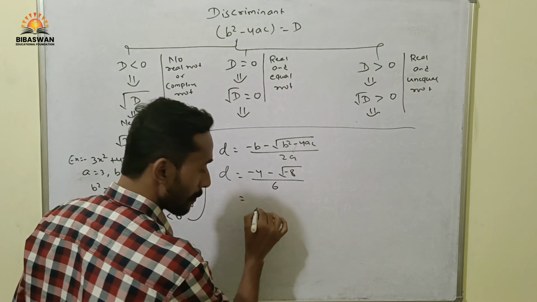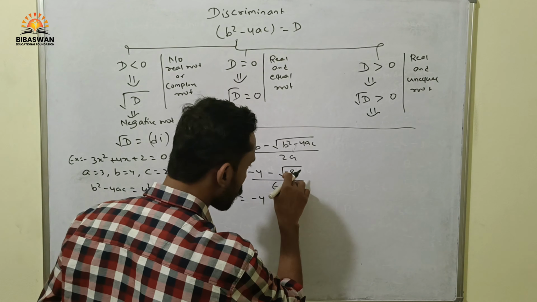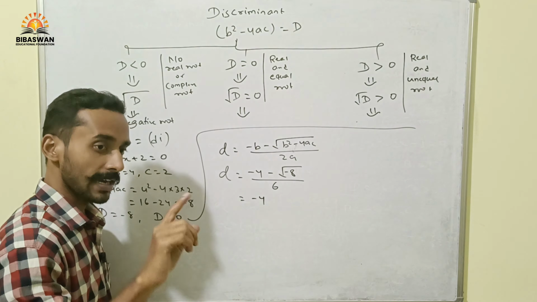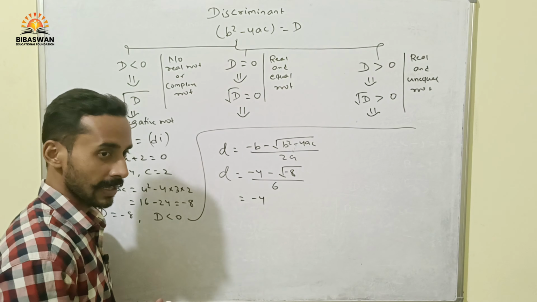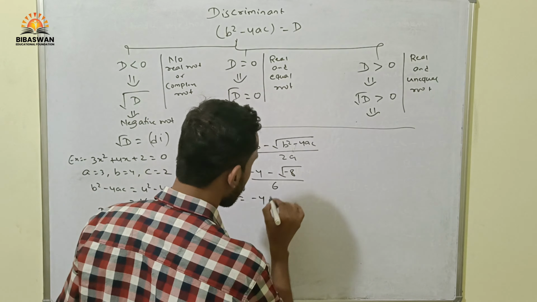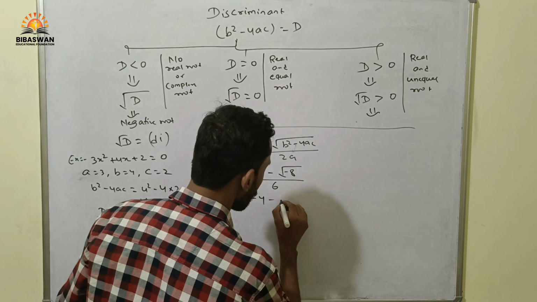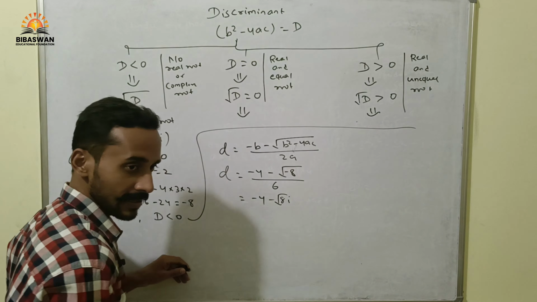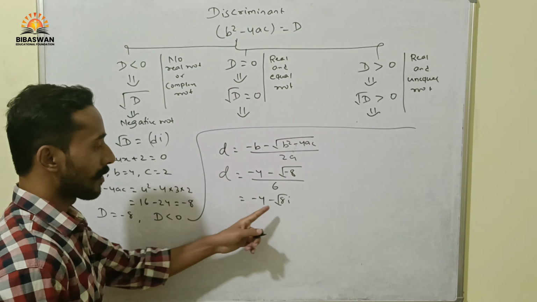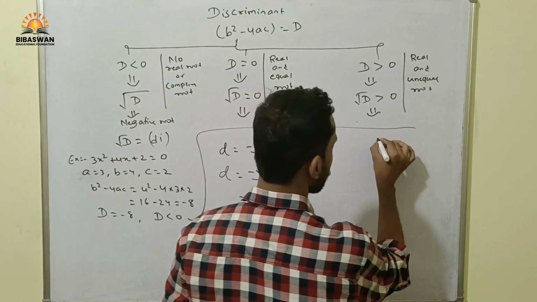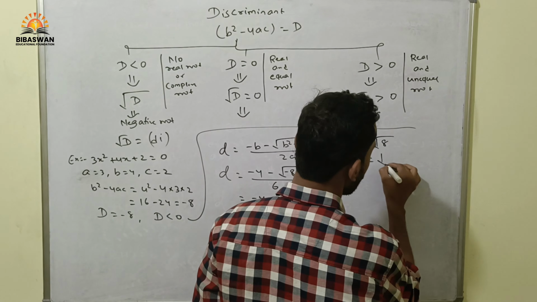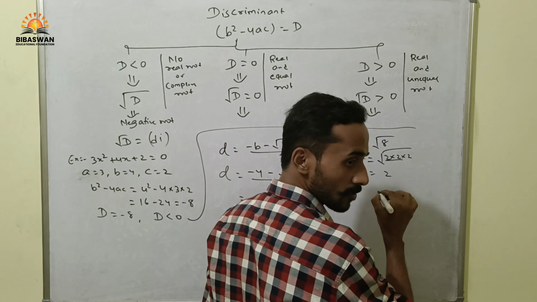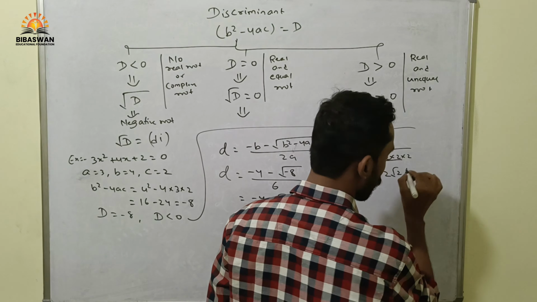Any problem? Minus 4. But is it possible? Is root over minus 8 possible in real numbers? No. It is possible in complex numbers. So we can write it as minus root over 8 iota. And what is the value of root over 8? Root over 8 is equal to 2 multiply 2 multiply 2, so we find 2 root 2 iota.